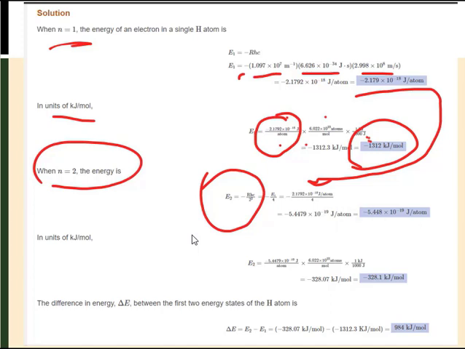So I should get negative 5.448 times 10 to the negative 19th joules per atom. And again, I'm going to change that into kilojoules per mole using the same conversion factors. I have to have joules on the bottom and atoms on the top. Then to find the difference, I'm just going to take my second energy minus my first energy. And I should get 984 kilojoules per mole.